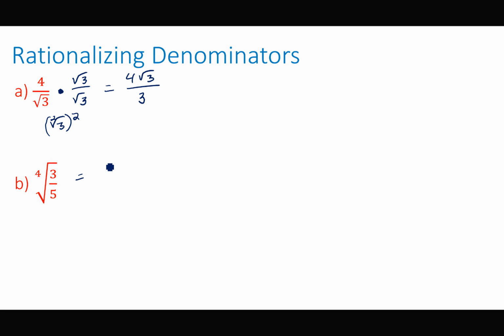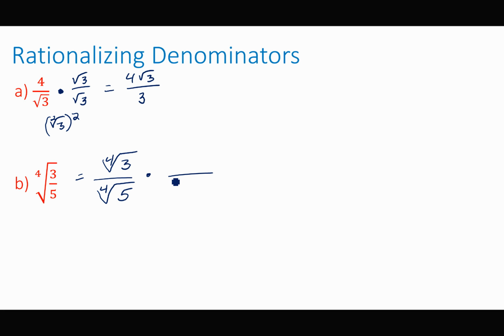Let's look at the second one. So this is really 4 root 3 all over 4 root 5. Okay, so when we work with this one, we can start to break it up a little bit. Well, I want to multiply and eliminate that radical in my denominator.